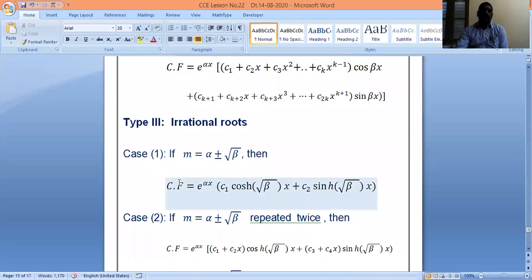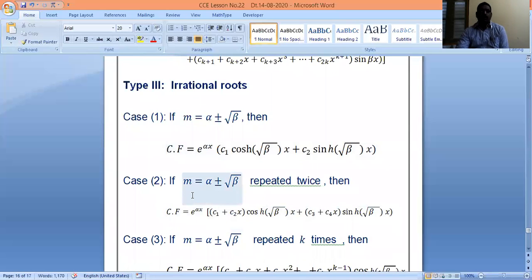Now irrational roots. If m is equal to alpha plus or minus root beta, then CF is equal to e^(alpha x) into (C1 cosh root beta x plus C2 into sinh root beta x).